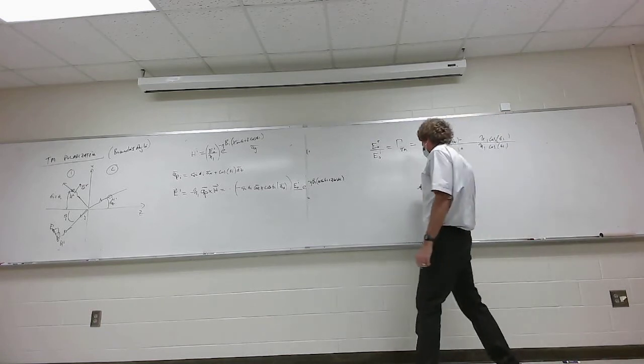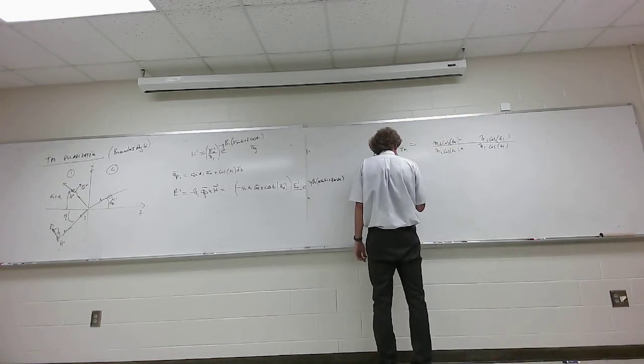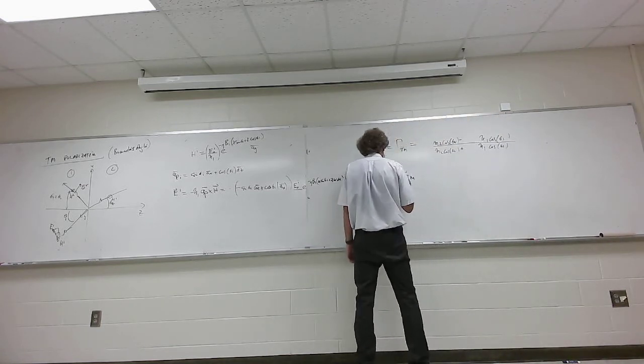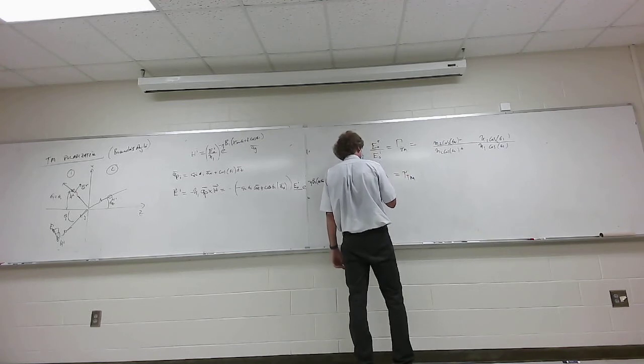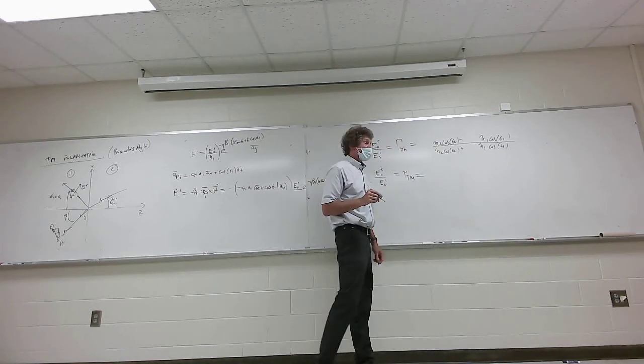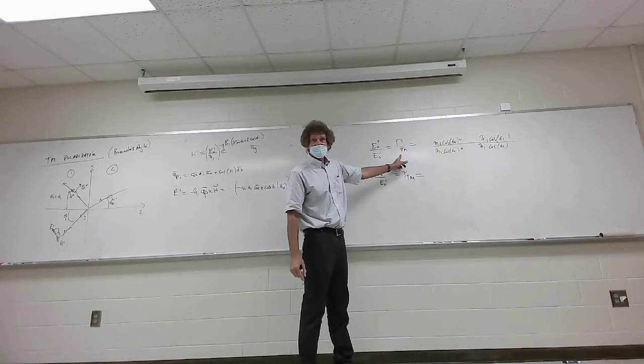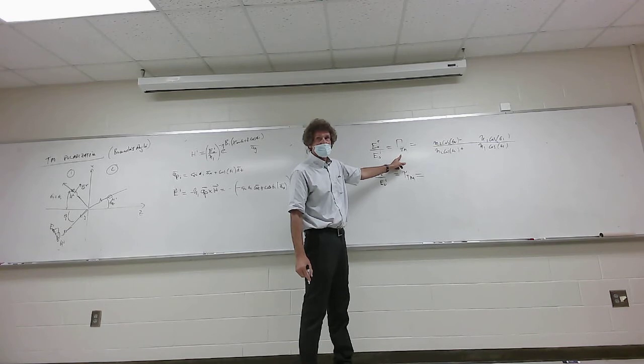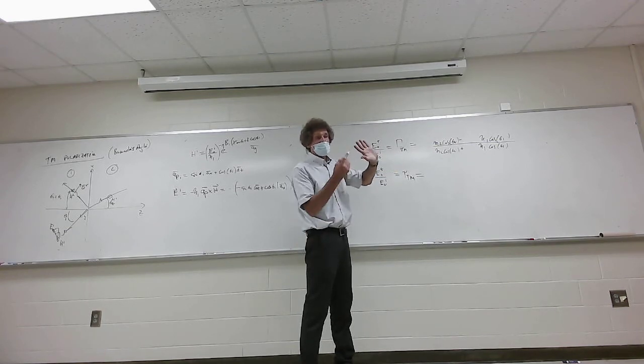Now, the transmission coefficient for TM is equal to E naught transmitted over E naught incident. And it's not equal to 1 plus the reflection coefficient. This is real important. People always say, well, it's 1 plus reflection. Not for TM. All right, got me? Because it's the E field. The E fields are not parallel to one another.